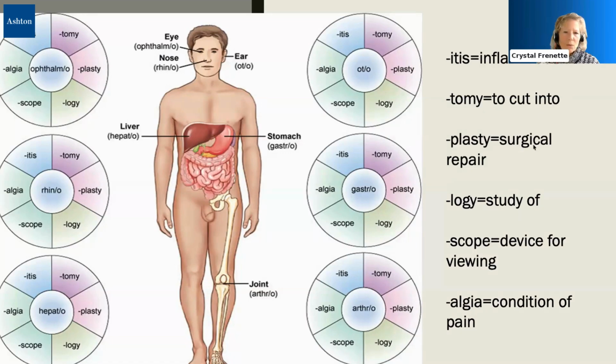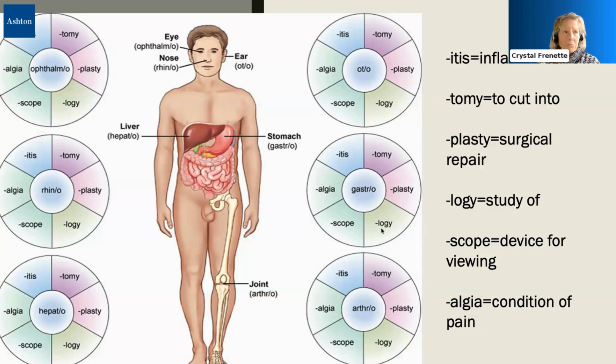Plasty means surgical repair. I mentioned already rhinoplasty, surgical repair of the nose. Nose job is what we call it in layman's terms, but in medical terminology we're going to use the medical terms, rhinoplasty, or in this case, gastroplasty, surgical repair of the stomach.